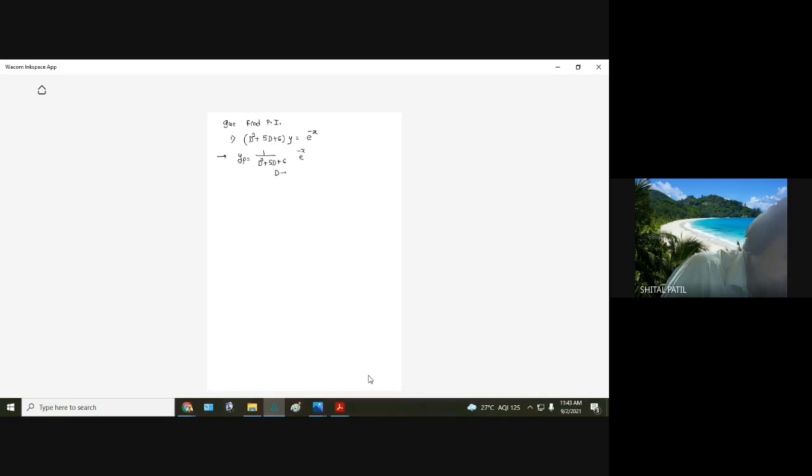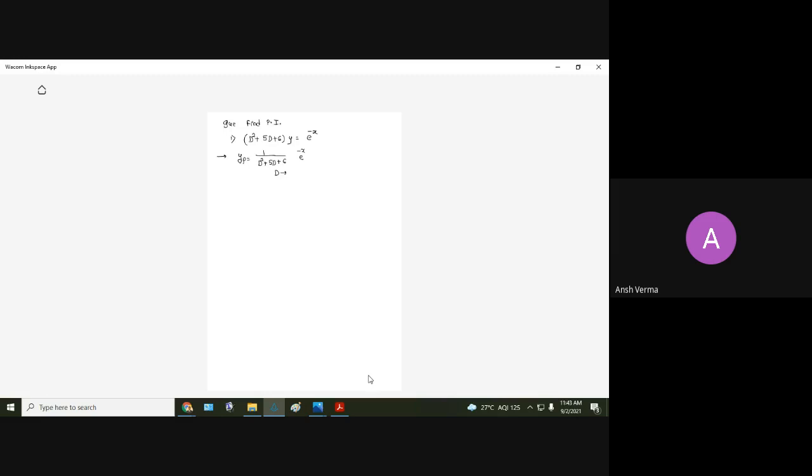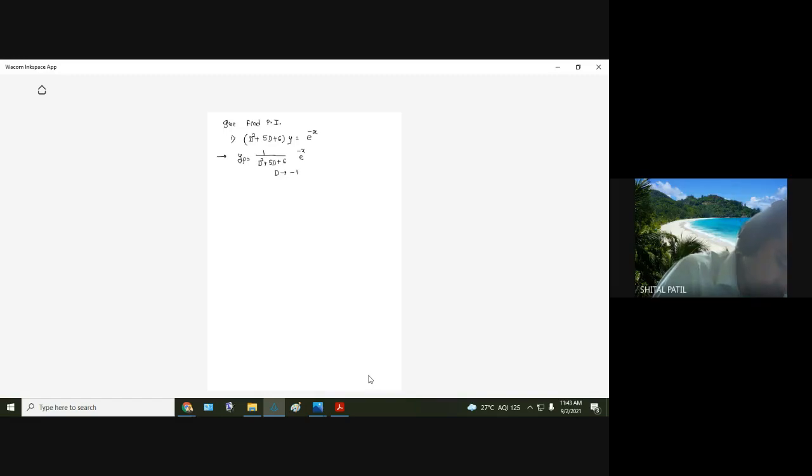D is to be replaced by minus 1. So 1 upon (minus 1) square plus 5 into (minus 1) plus 6, e raised to minus x.